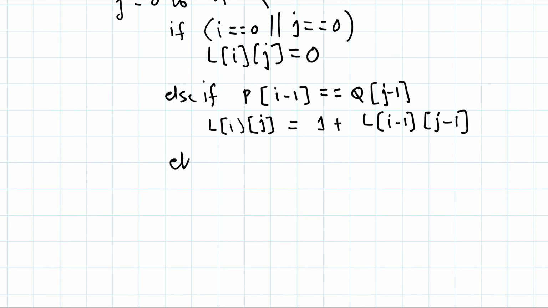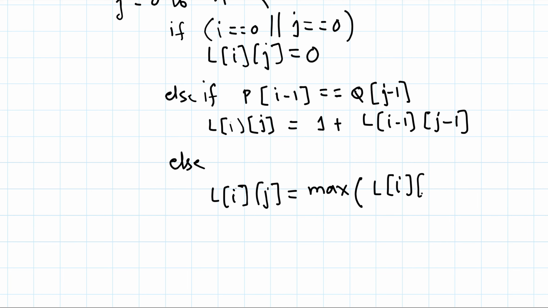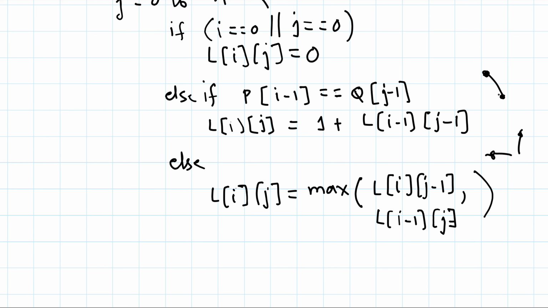And if they are not equal, this is the last case, then its value will be max of the two neighboring cells to the left and to the top. And this is the diagonally upper cell. So these are the two cases.